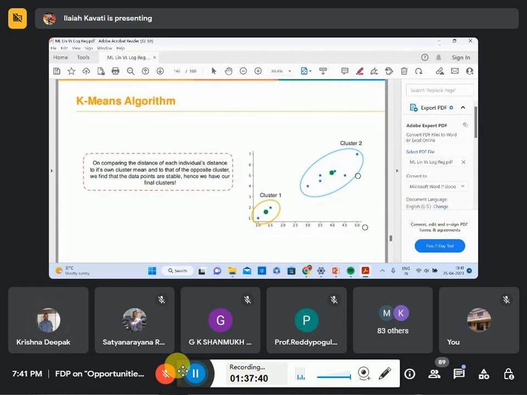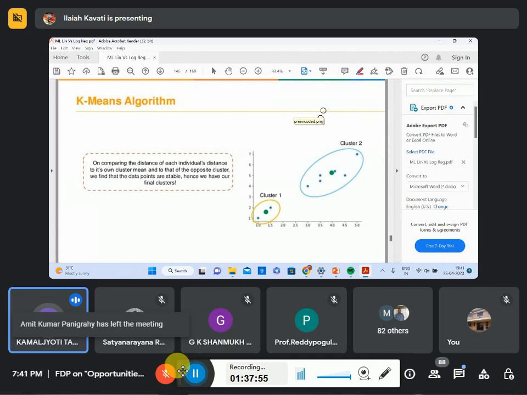Sir, in unsupervised learning, there is no labeling of data. Like the example, only numbers are given, data will be given.